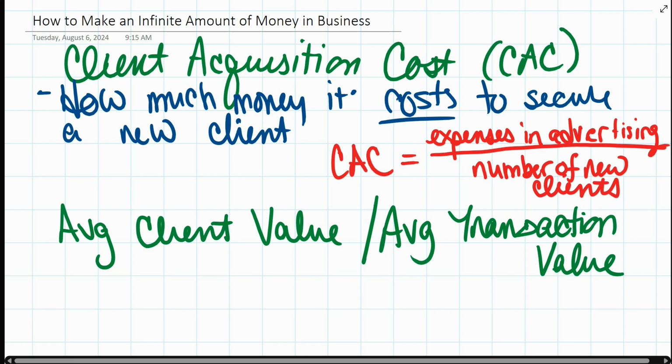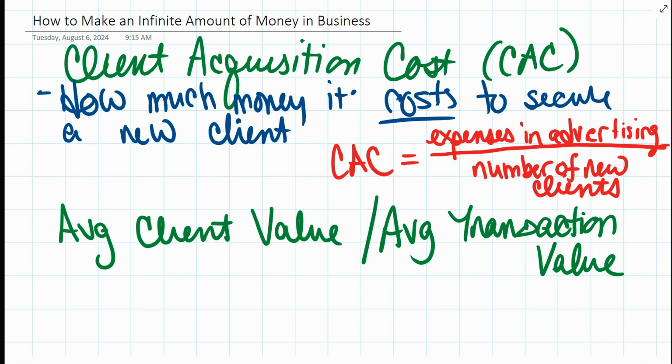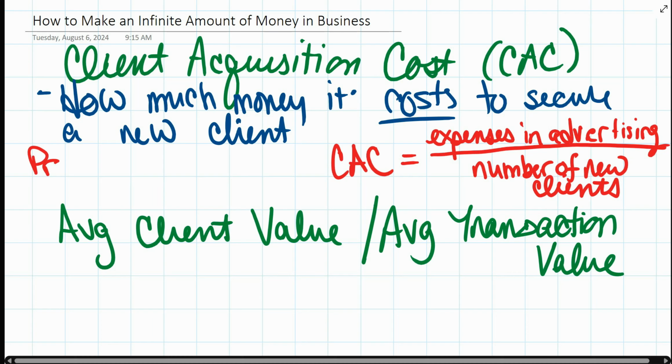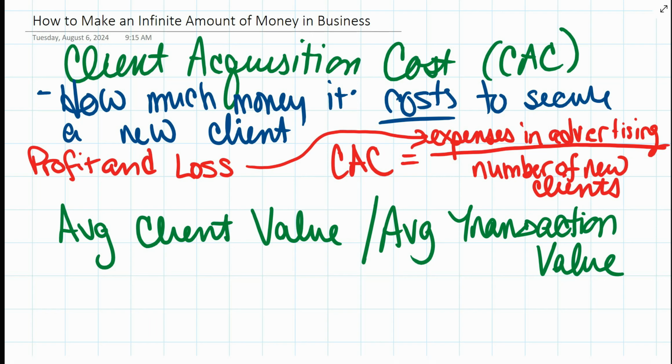Pretty straightforward thing to do. Usually you can find your advertising expenses listed out on your profit and loss. Boom. If you have a couple different categories for like marketing expenses, maybe any promotional items associated with securing that cost, be sure to include that in there as well.